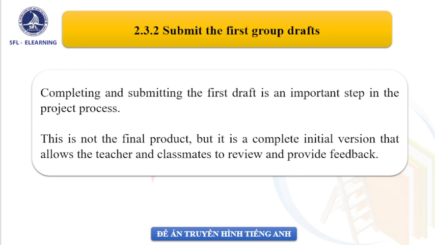And obviously, after carrying out some adjustments to your first work, you might want to submit it to your teachers once you decide that the corrected version is very satisfactory. So how do you submit your first group draft, and is there anything you need to keep in mind when you do that? Let's start.